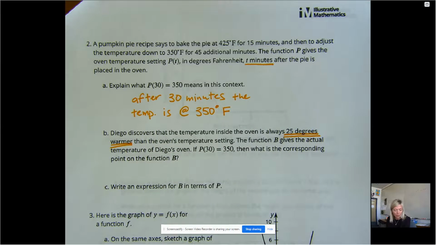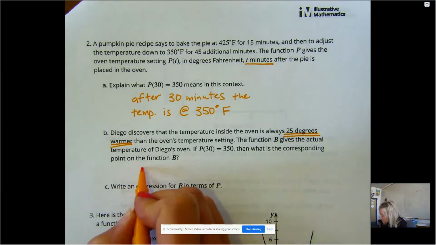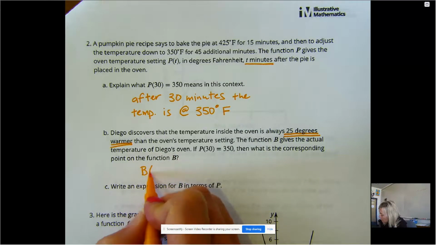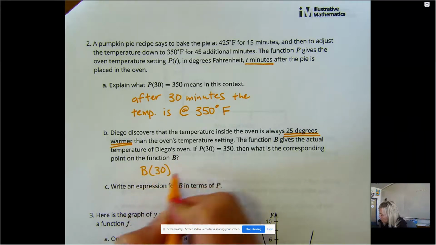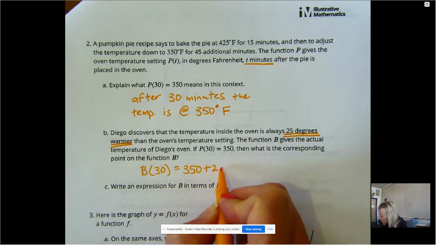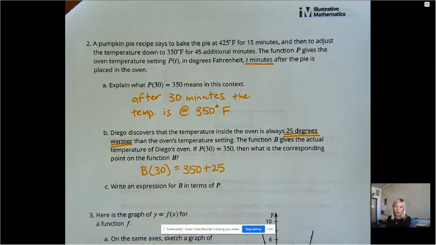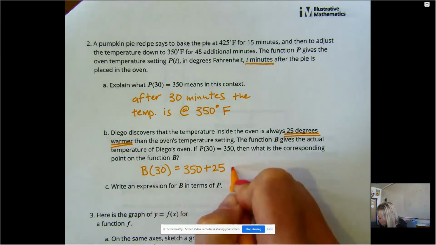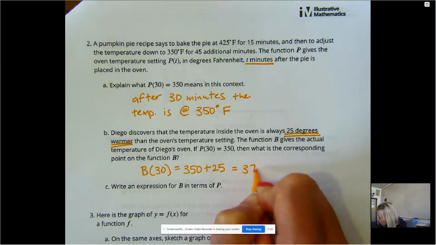So what that tells me is that in function B, what's actually happening in the oven after 30 minutes is it's not at 350 degrees. It's 25 degrees warmer. So see how I added that 25 to the output. So for function B, B of 30 is equal to 375.